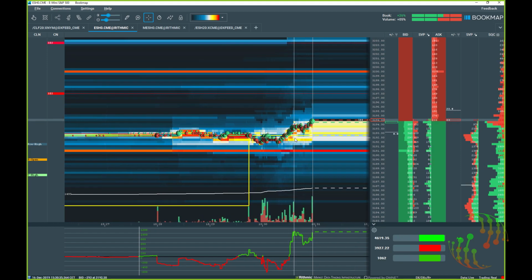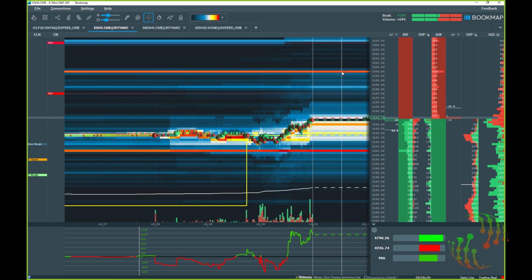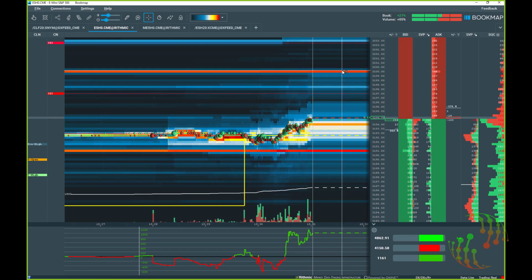Maybe they are hovering here around this area. No, they are trying to catch this 3200 area.